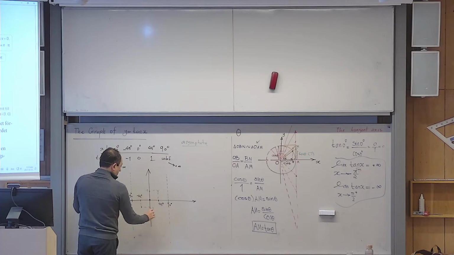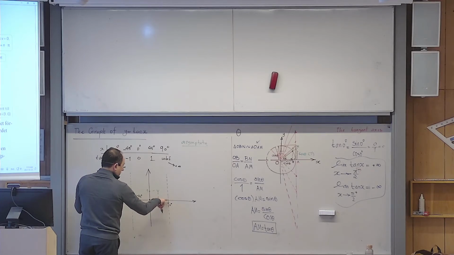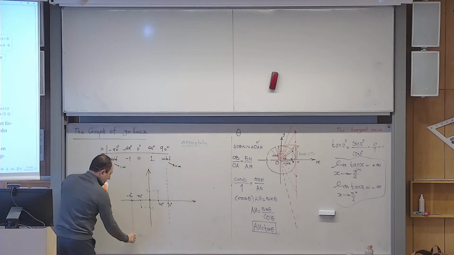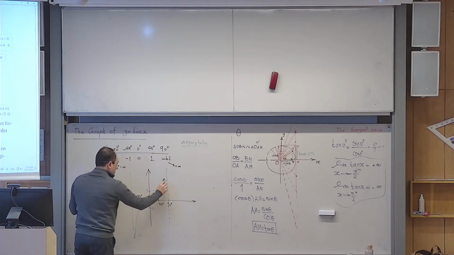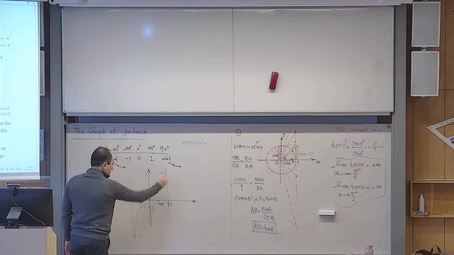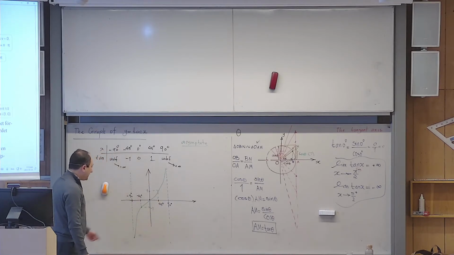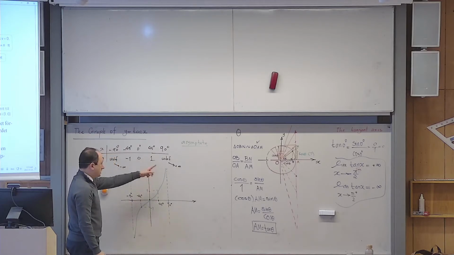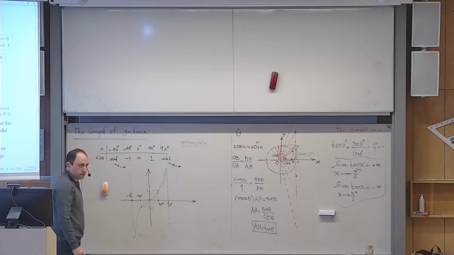And then when I get suddenly close to 90, I go up and up. So the behavior of the function is something like this. As we predicted, this function is continuous on each such interval, and it is always increasing. That's the idea.